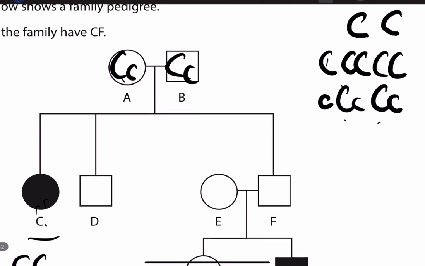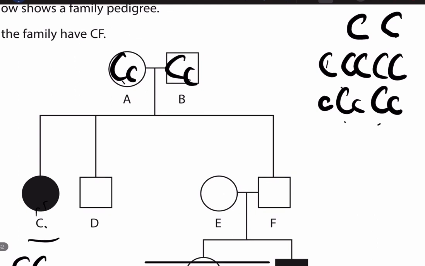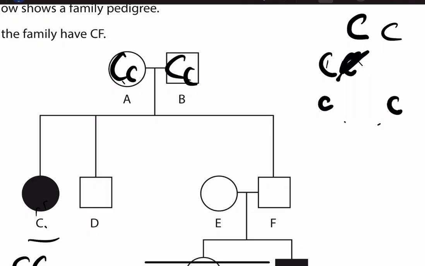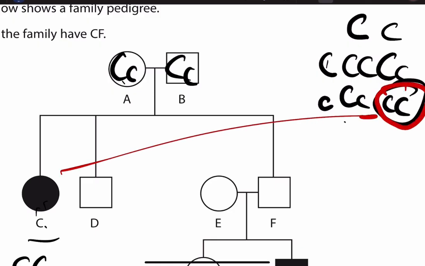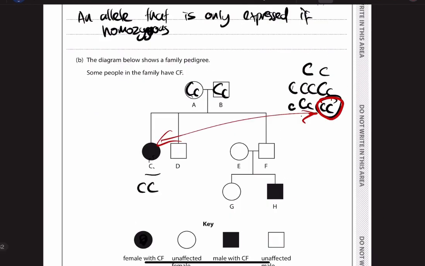None of the children will have cystic fibrosis if this were the case, but it is not the case, because we have this parent being heterozygous, meaning that the Punnett square looks something more like this. And this is the one we're concerned about, because that is the one that does have cystic fibrosis.